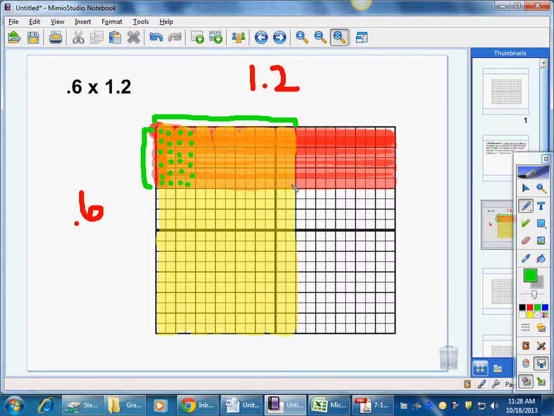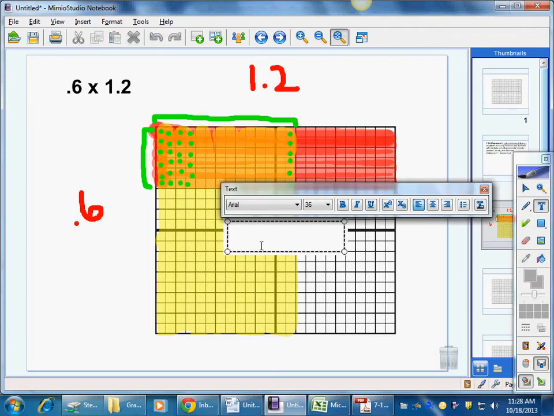I'm going to include all of those. So how many would that be? Well, if I were to count them, or if I could do a little multiplication, 12 by 6 there. So there would be 72 of the smaller squares covered.